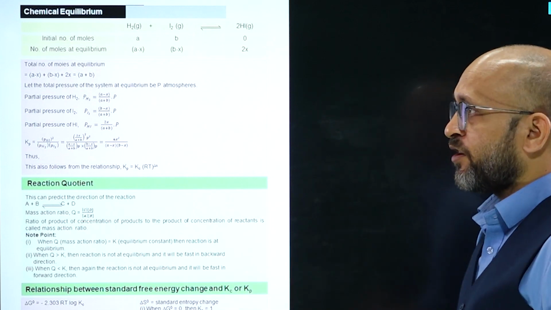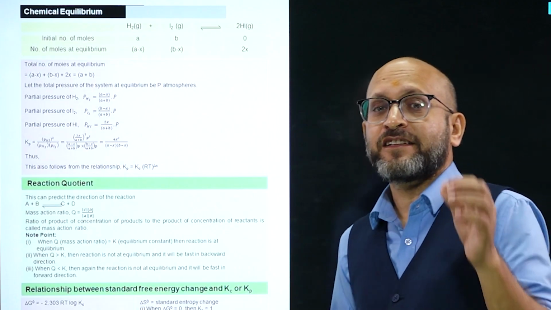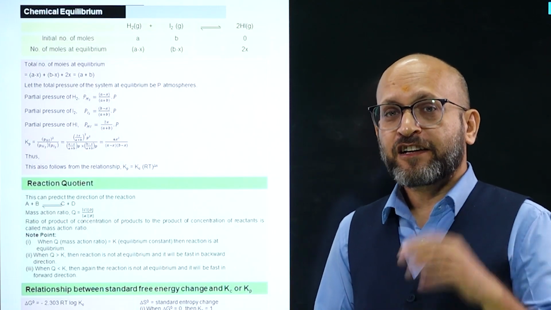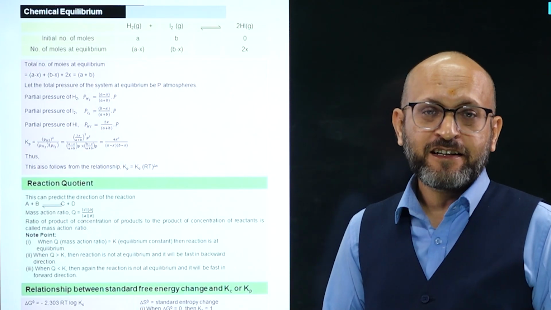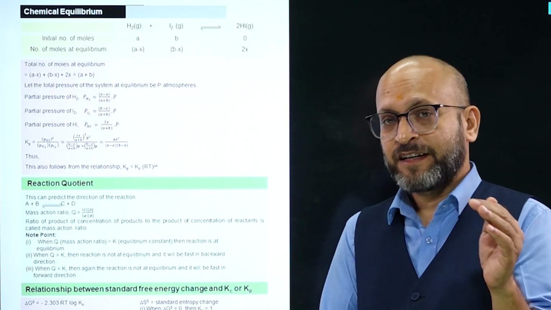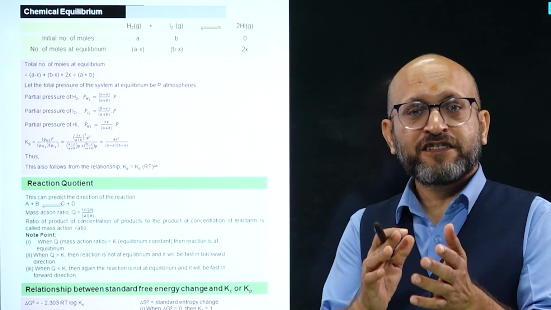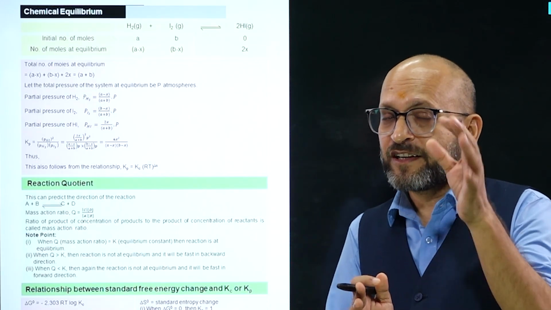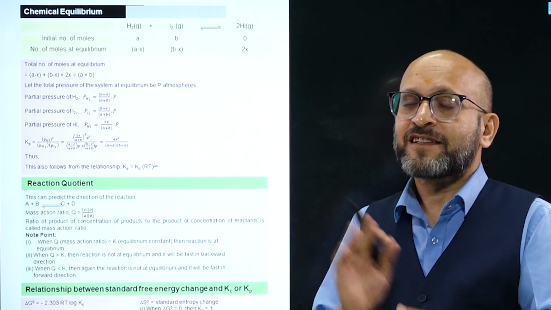If delta G naught is less than 0, that means it is a spontaneous process, and Kc is greater than 1. If delta G naught is negative, Kc is greater than 1. If delta G naught is positive, that means non-spontaneous process, then Kc is less than 1.